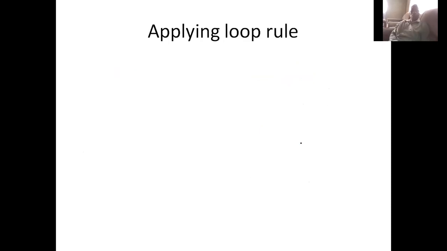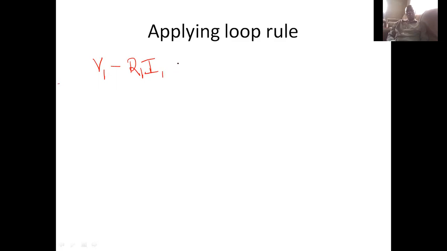Now, applying the loop rule, as we indicated, we said that actually V1, which was positive, minus R1 I1, because this is in the same direction as the current.